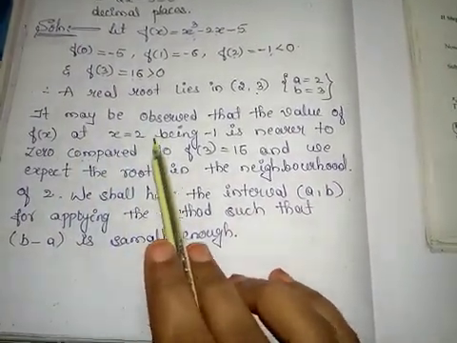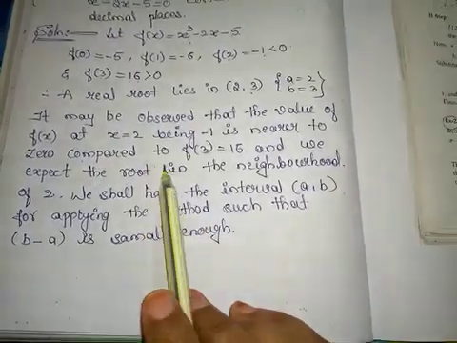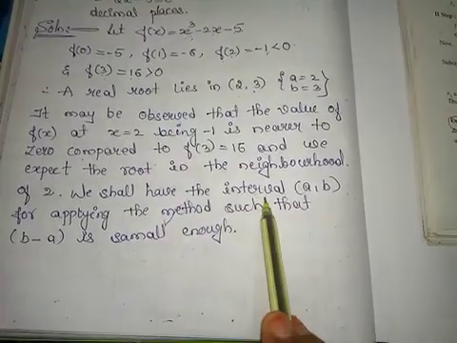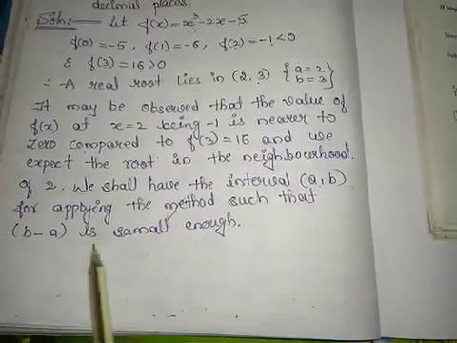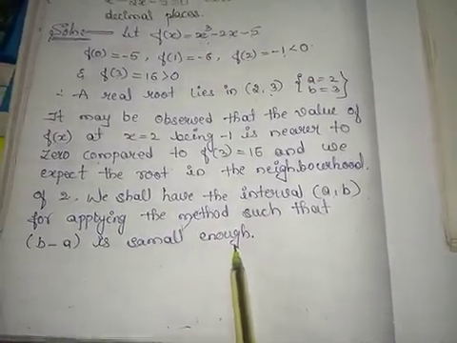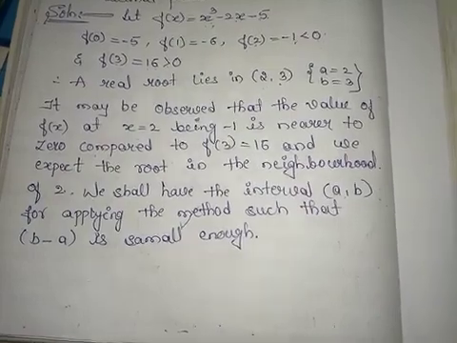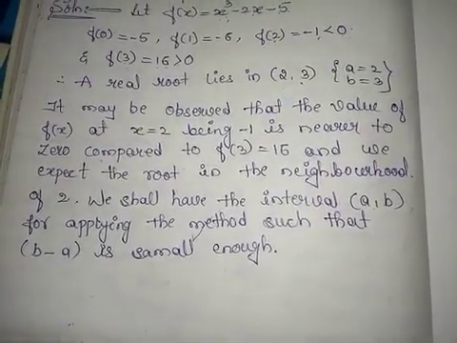Since the value at x equal to 2 is minus 1, we accept that the root is near to 2. We shall have an interval a comma b for applying the method such that b minus a is small enough. From the property, f of a into f of b is less than 0. That means b minus a should be small enough.